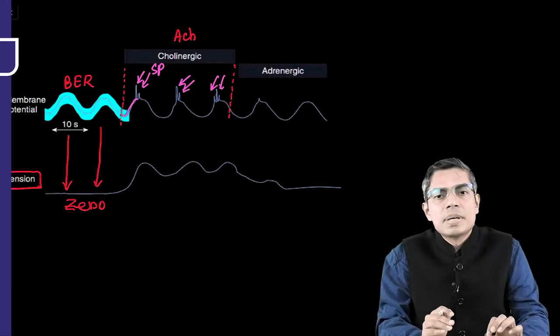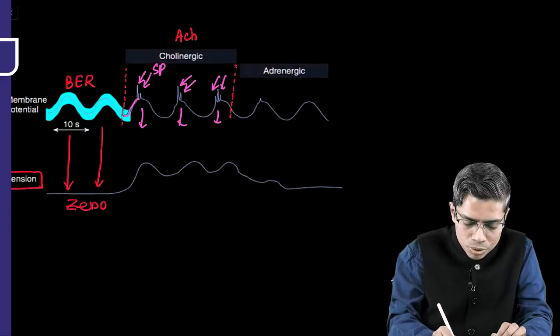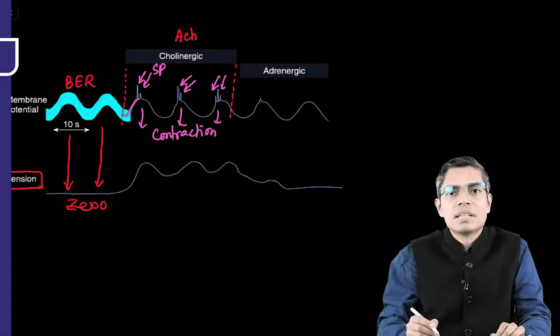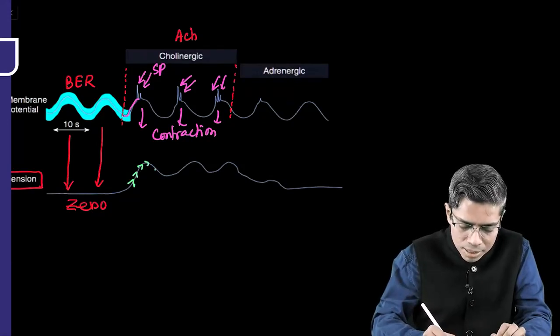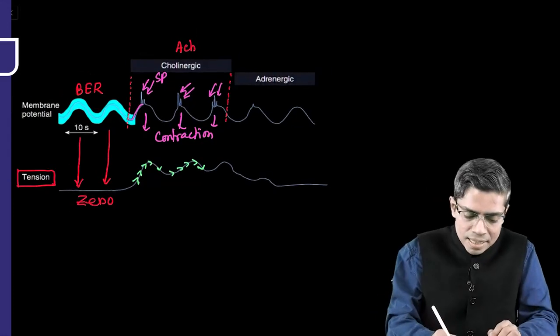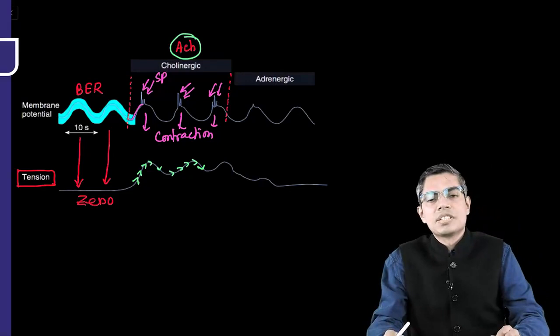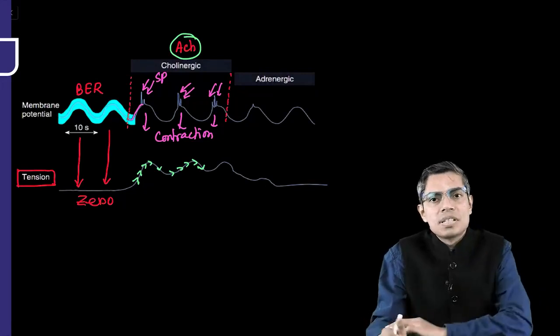Whenever there are spike potentials, what is going to happen? This will lead to contraction of the muscle, and contraction of the muscle means if you measure the tension, you are going to find that the muscle tension is rising. That's why we say that in presence of cholinergic stimulation, there will be contraction of the smooth muscles of the GIT, because BER will cross the threshold.